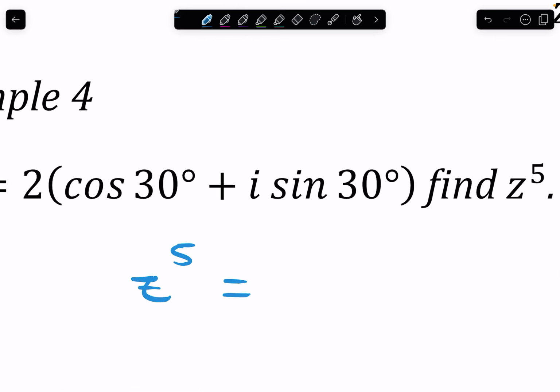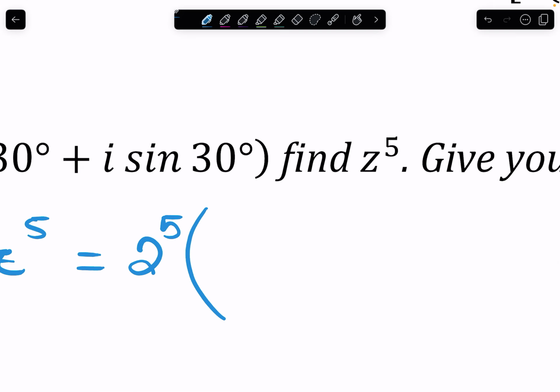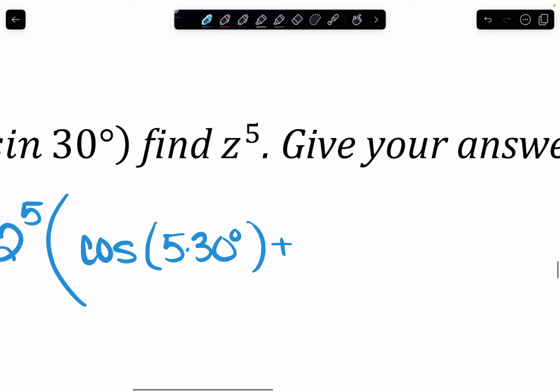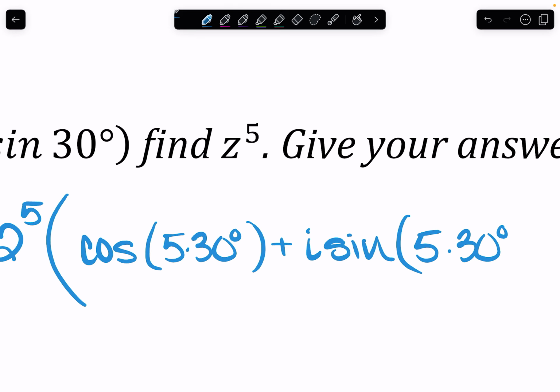equals the radius to that power, so our radius is 2. So 2 to the 5th times the quantity cosine of n theta, so that's going to be 5 times 30 degrees, plus i sine of that same product, 5 times 30 degrees.